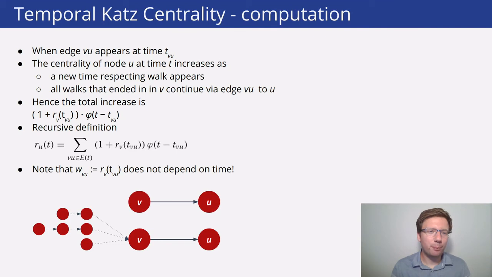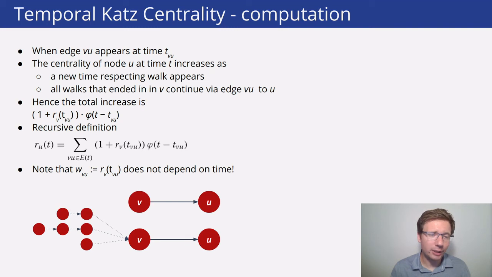Next, we show that temporal cut centrality can be computed in an incremental way from edge streams. Basically, we'll show the concept that computing cut centrality from edge streams is simple and it can be done in an incremental way.